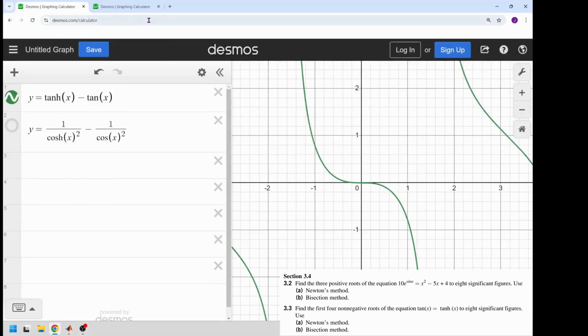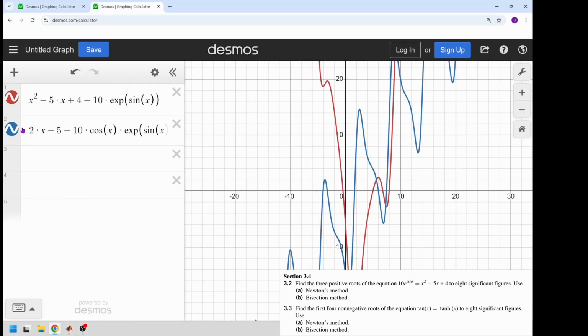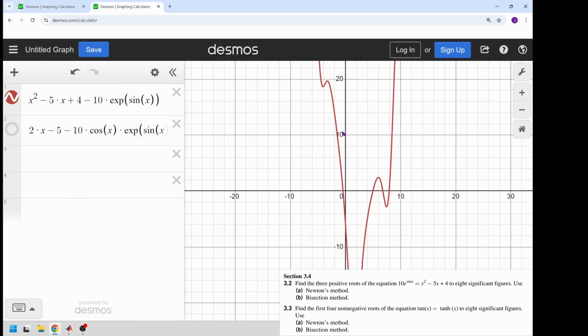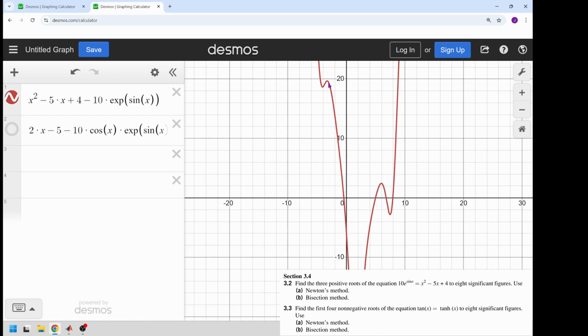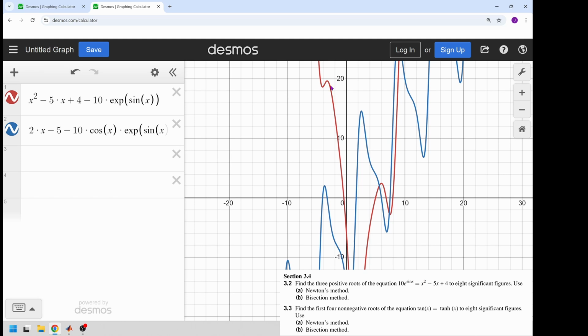As you can see, this one has lots of 0 gradients. So if we bring up the derivative of that, we can see where it hits 0 down here is actually these points where the gradient is 0, because the derivative of a function is just the gradient.